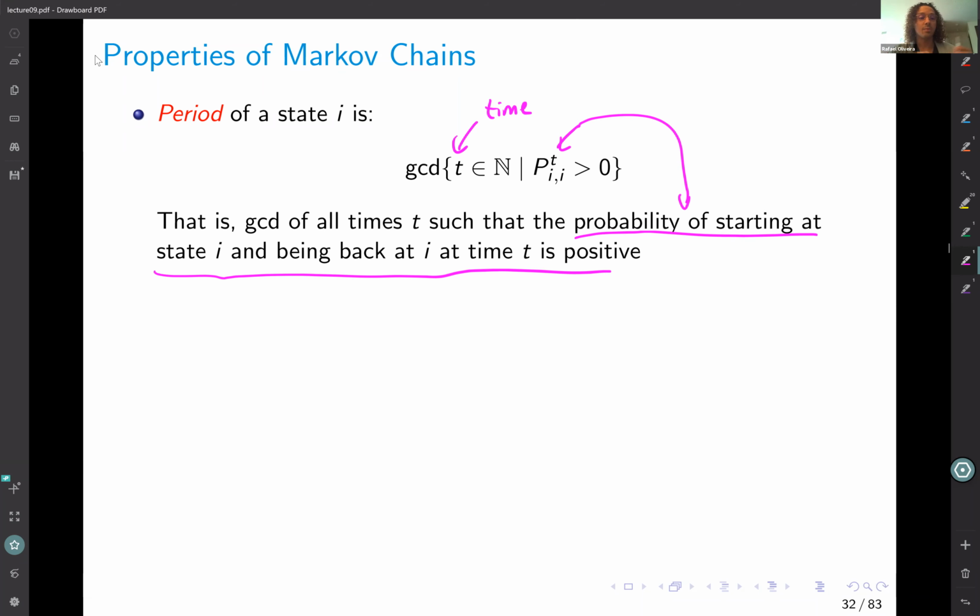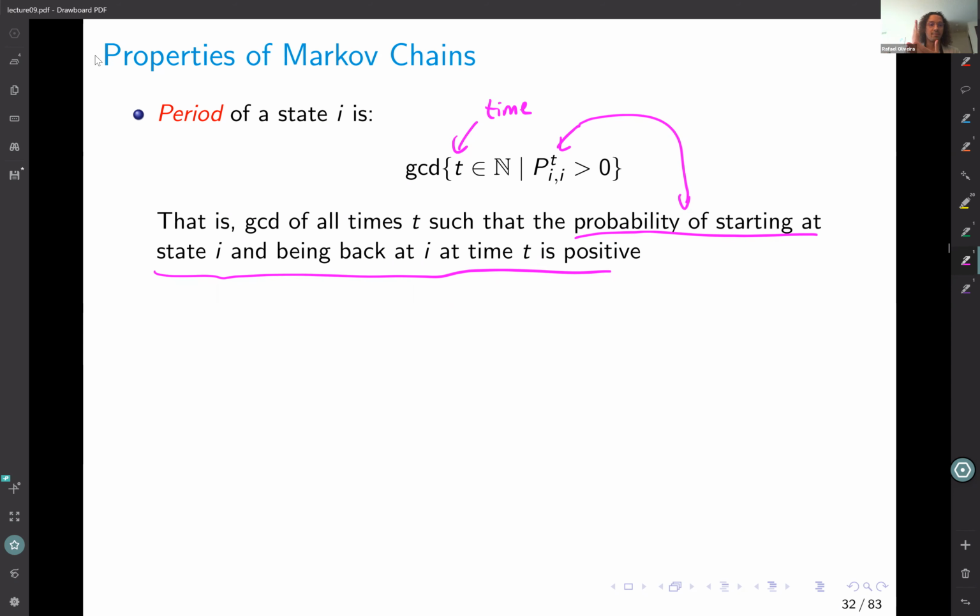So what we're saying is that the period of a state is the greatest common divisor of all the times t such that I started at i, ran my Markov chain for t steps, and had a non-zero probability of being at i again. We take the GCD of this, and this is the period. Does that make sense?